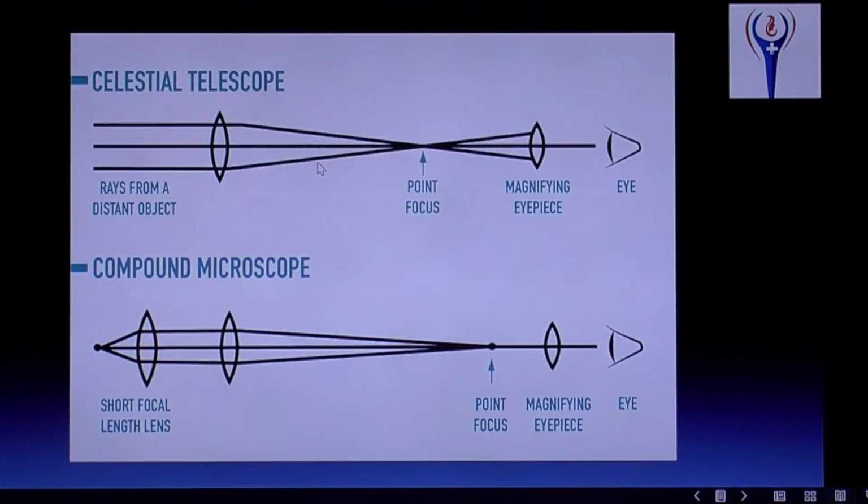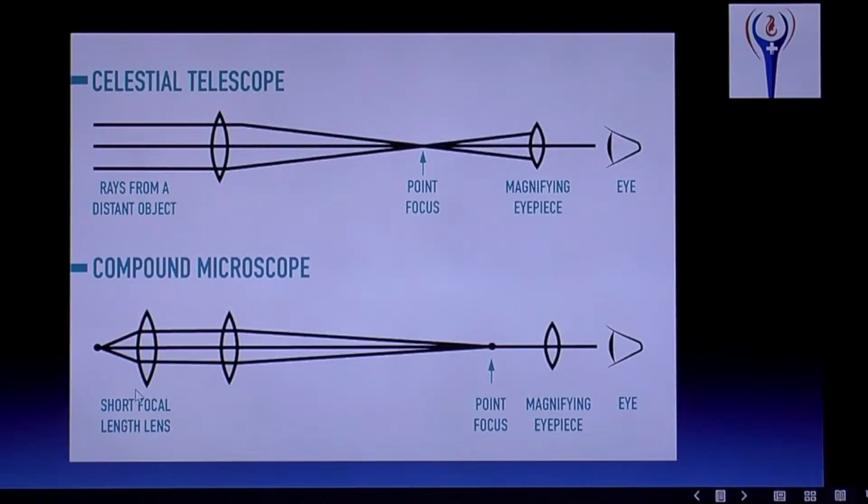Celestial telescope: rays from a distant object pass through the objective, a convex lens, and the point will be focused at a particular point, the focal point, and then the magnifying eyepiece. This is only the objective lens and the magnifying eyepiece, the eyepiece lens and the eye, a normal telescope. Telescope, ray optics. And in a compound microscope, two lenses are used.